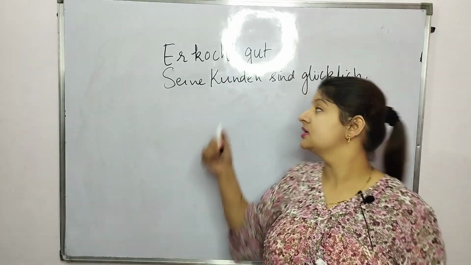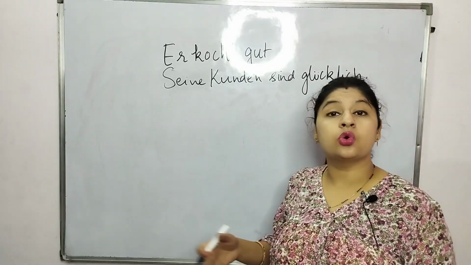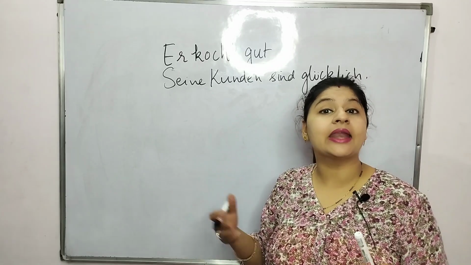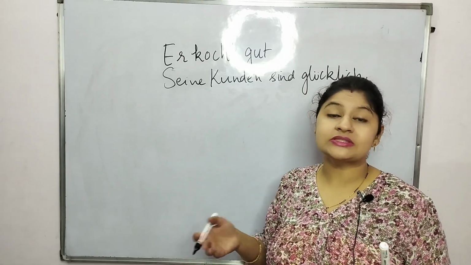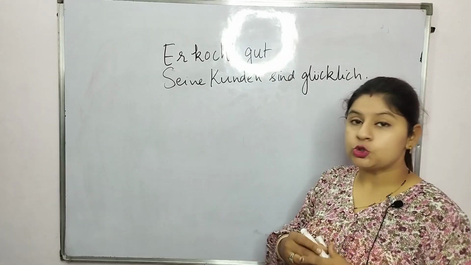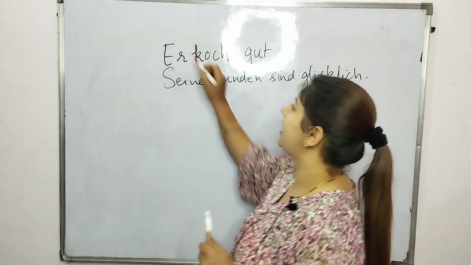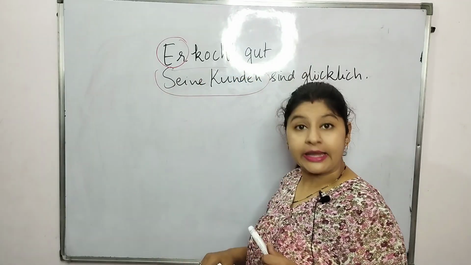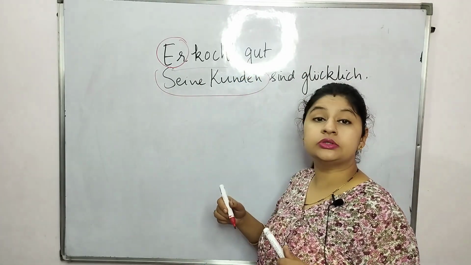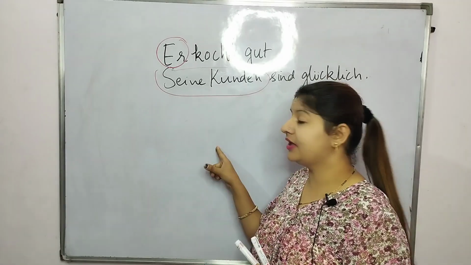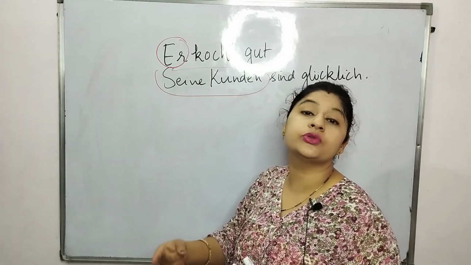Seine Kunden sind glücklich. So he cooks well. His customers are happy. Again we have two different subjects here: seine Kunden. So here again we have to use damit.